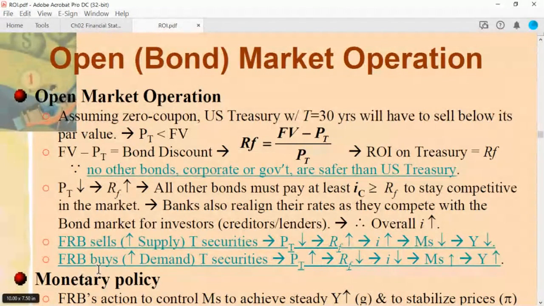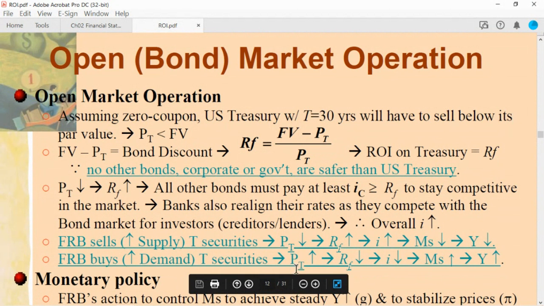So when the Federal Reserve buys back treasury securities held by the investors in the market, buy is a demand. And more demand puts an upward pressure on the price, right? A strong demand pushes up the price. Therefore, the price of treasury goes up. And then, return goes down.